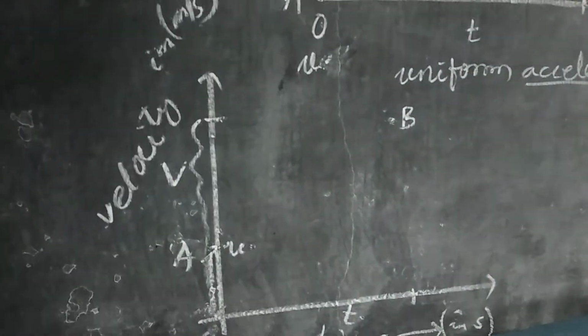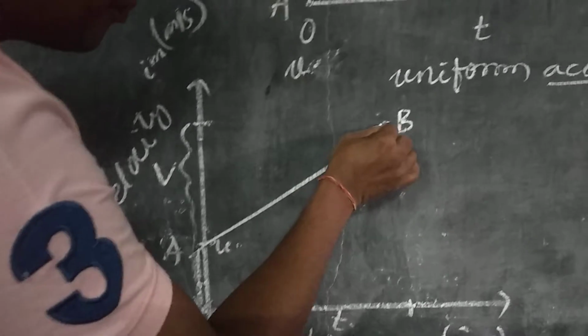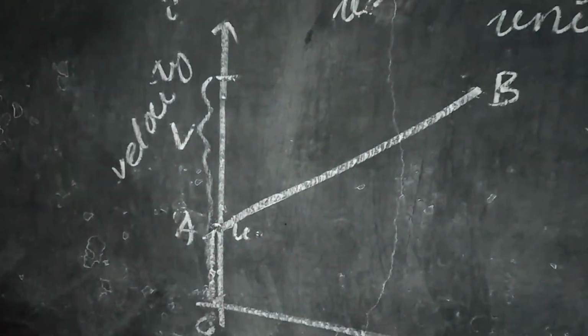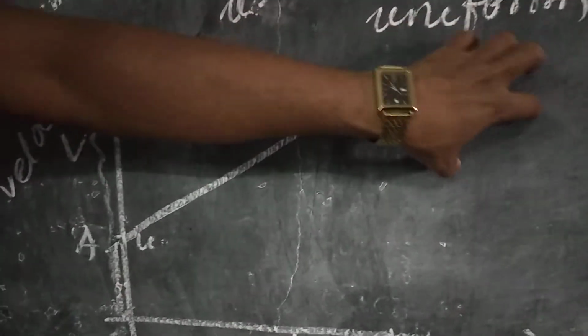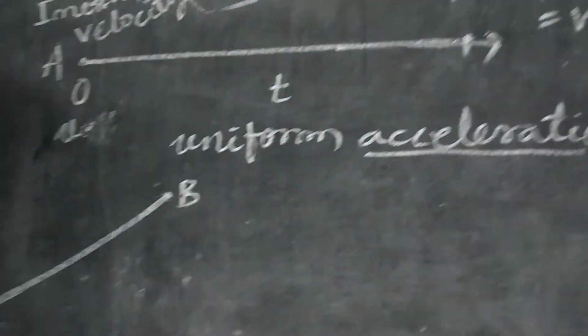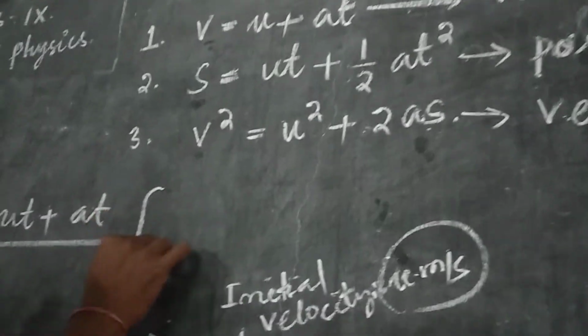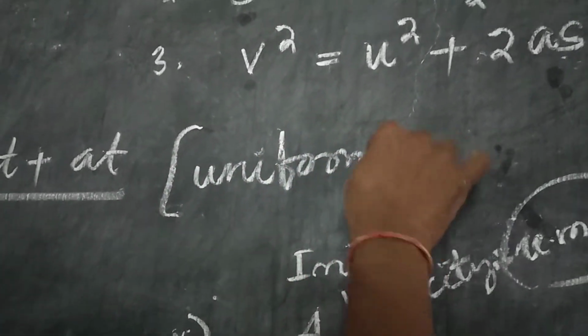If we draw the graph, then the graph becomes like this. In this case we have to derive it because it is uniform acceleration. So this equation of motion we have to derive when the body is under uniform acceleration.